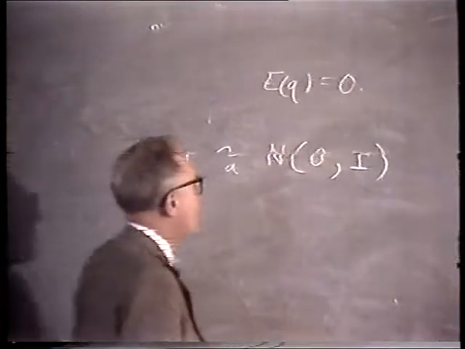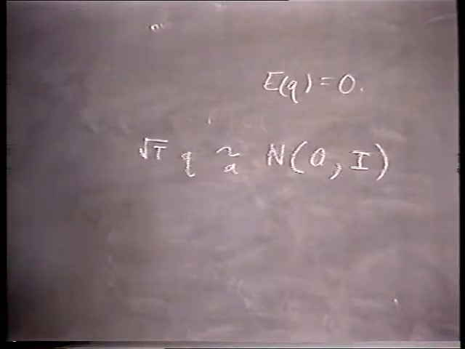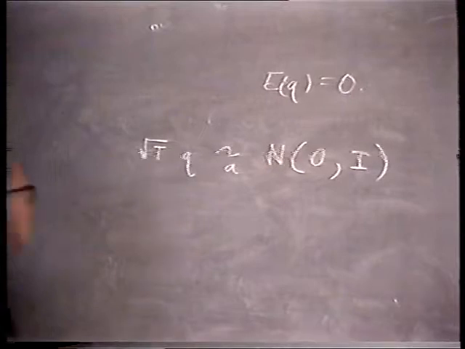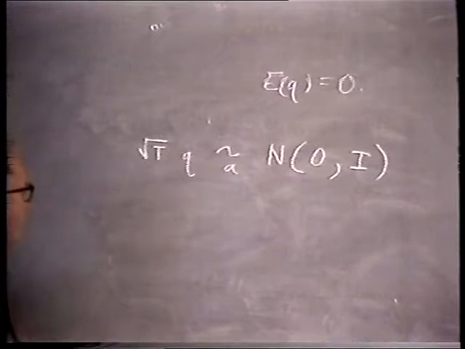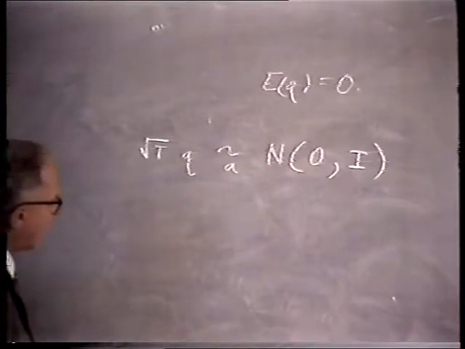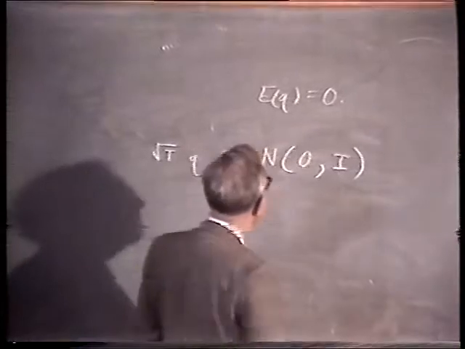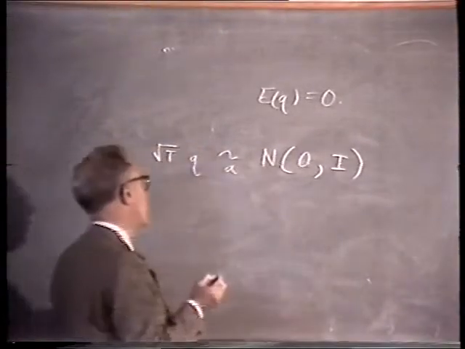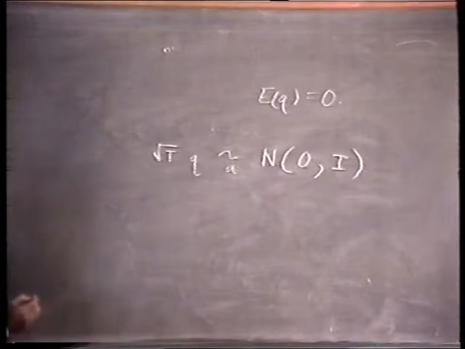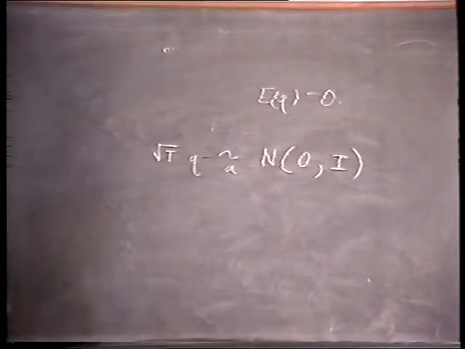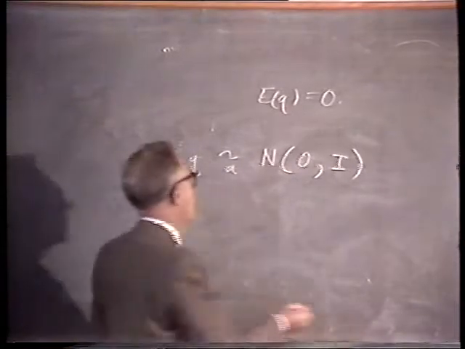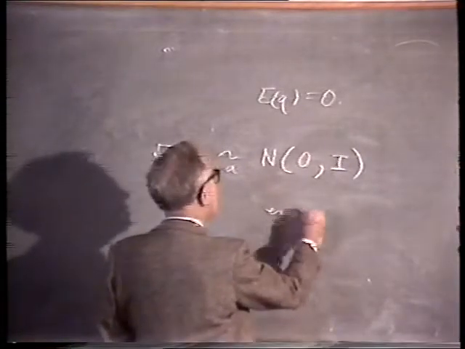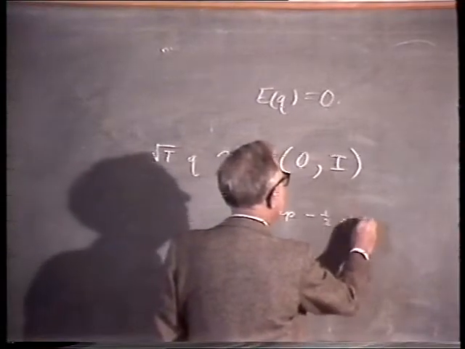Well then, of course, the joint density function is going to be the usual form, just the exponential of the sum of the squares of the Q's, that is, exponential of minus a half Q prime Q form.